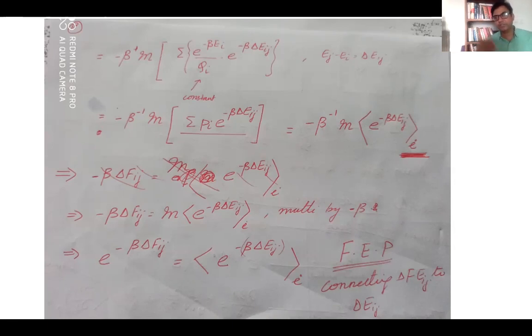So you need to do this for all sets of configurations, and that is why there's an ensemble average. And because you are only running the simulations or sampling at I states, you have this subscript I, which is basically saying that sampling is at I. So these are the two things that you should be very, very clear about.